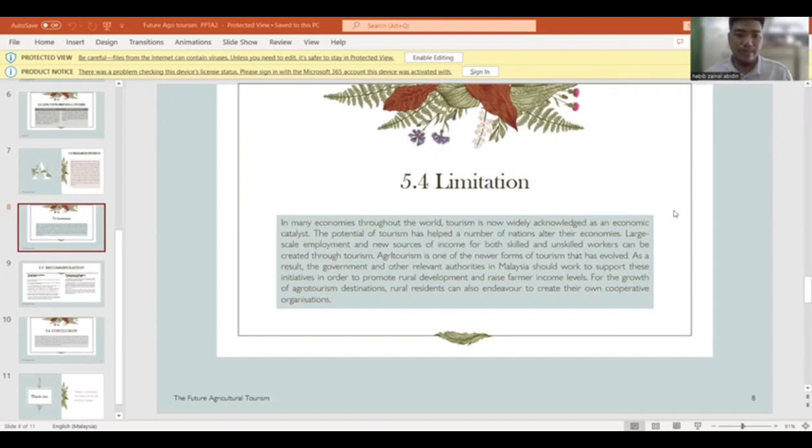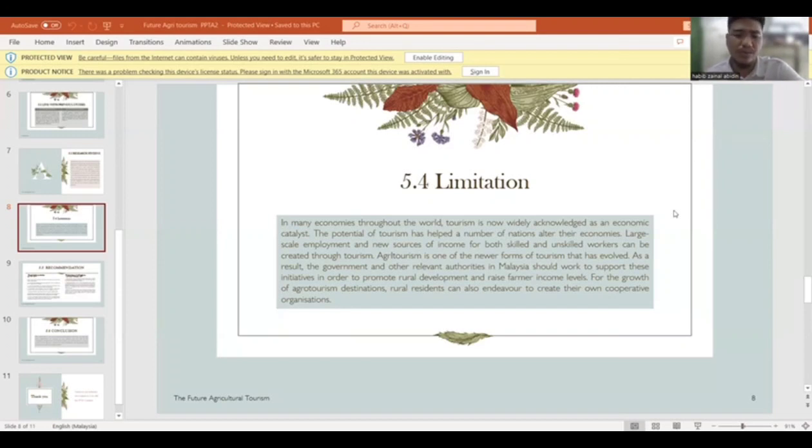Large-scale employment and new sources of income for both skilled and unskilled workers can be created through tourism. Agrotourism is one of the newer forms of tourism that has evolved. As a result, the government and other relevant authorities in Malaysia should work to support this initiative in order to promote rural development and raise farmer income levels.